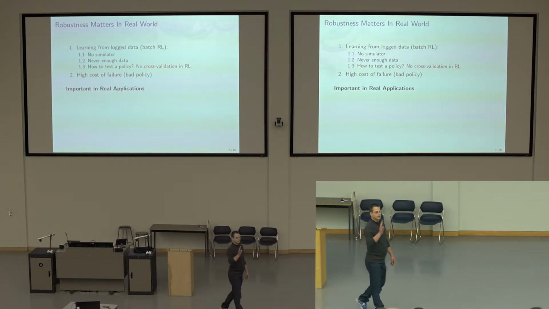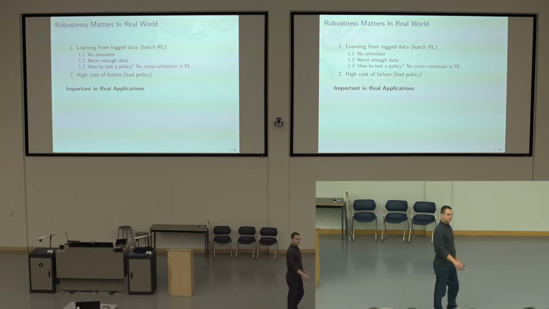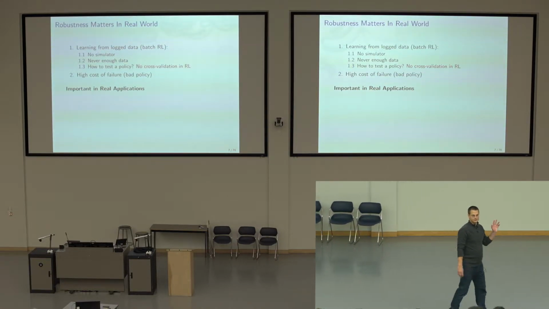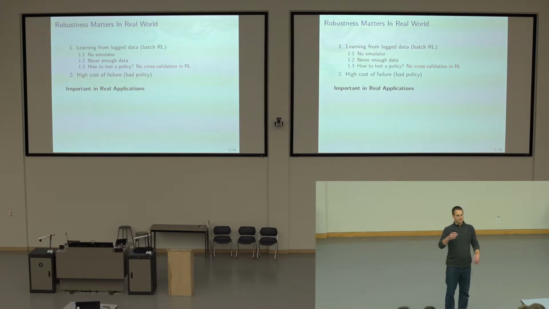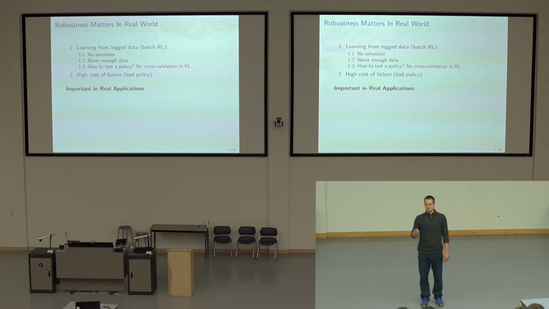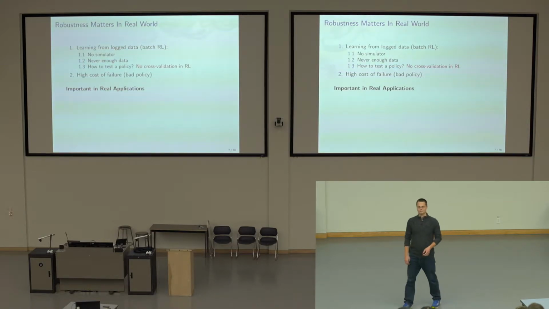Now, any ideas what kind of applications I may be talking about? What kind of applications would satisfy these kinds of problems? Autonomous cars, a very good example. Stock market. Stock market is one case where you can usually get lots of data, but yes, you can lose lots and lots of money. Medicine, yeah.